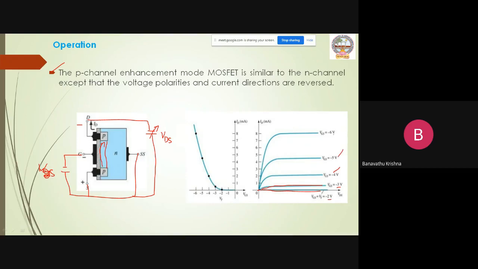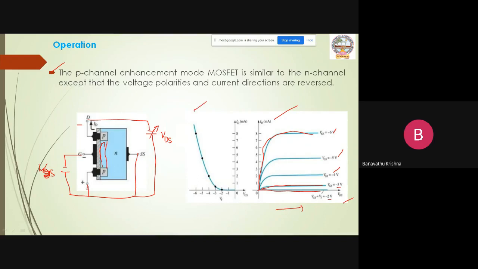At different values of VGS, the maximum amount of current increases, because the channel is fully established in between source and drain, and as VDS keeps varying, the current goes like this. This is the current and voltage curve for the P channel metal oxide semiconductor field effect transistor.